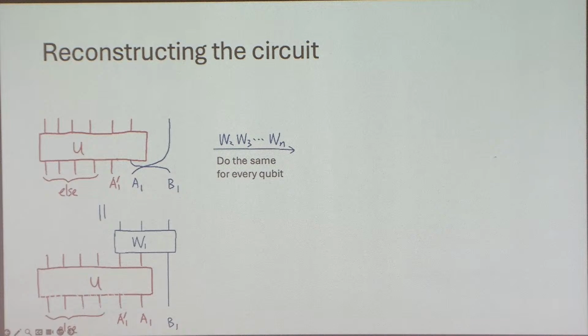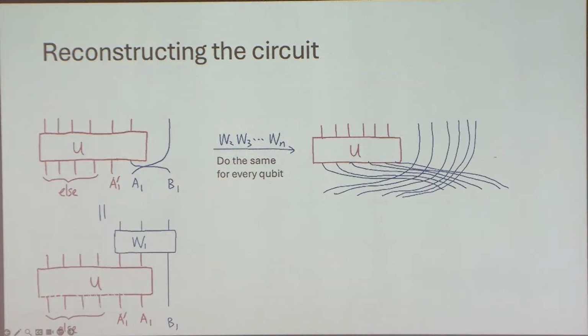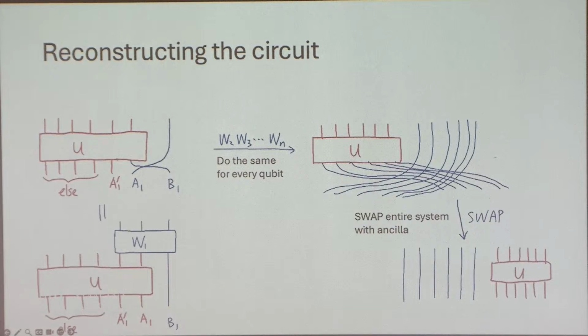We can do the same operation at the bottom, but now repeat this on every qubit. And what it does is it just swaps everything at the input, which is this. OK, so maybe this looks not very nice. So why don't we apply a final big swap on top again to achieve this? OK, so this is somehow what we get after all these things are done.